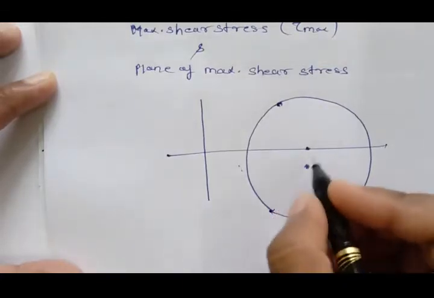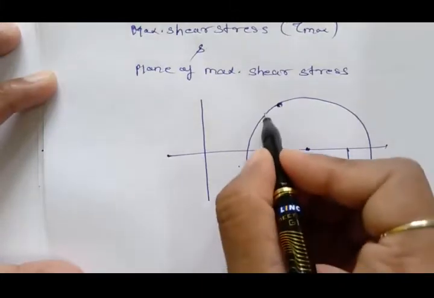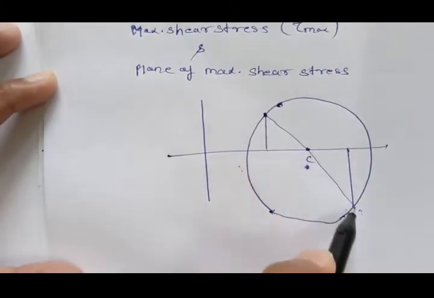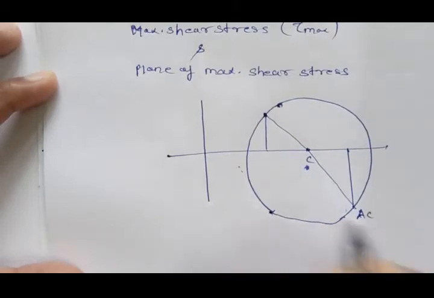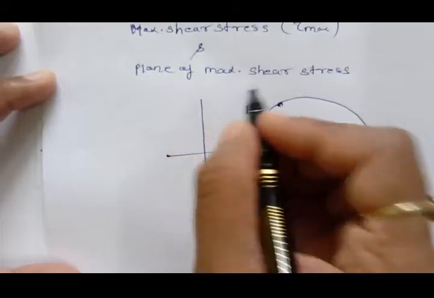This is center C, and it was AC plane, BC plane.